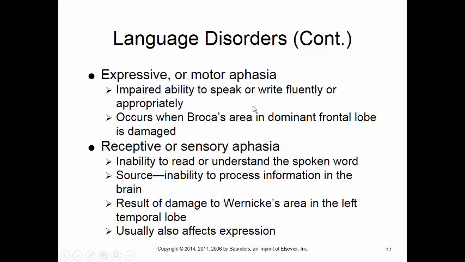Expressive is called motor aphasia, inability to speak or write fluently or appropriately. It's usually damage to the Broca's area and the dominant frontal lobe. Receptive or sensory is the inability to understand the written or spoken word and process that information, and it's usually found in Wernicke's area. So we usually see with the receptive, it also affects expression.